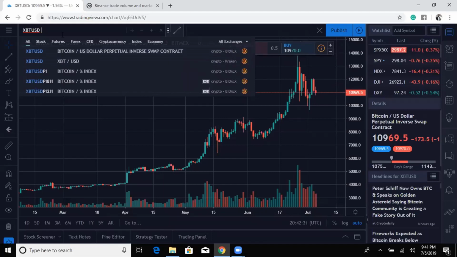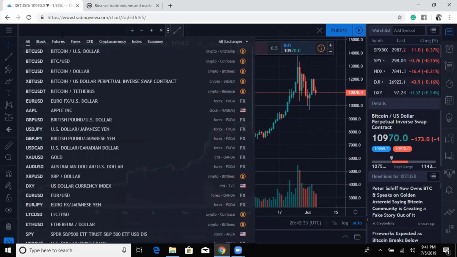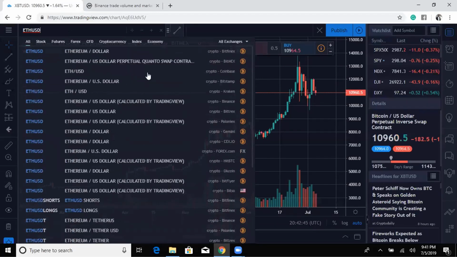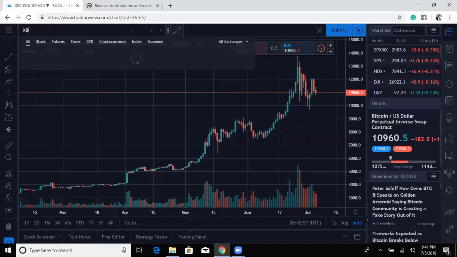And the same thing for Ethereum, but this time, like I did say, we're leveraging on ETH. So you just select ETH and just search ETH USD, and it's going to give you this perpetual contract, BitMEX. However, I just want to show you this real quickly again.